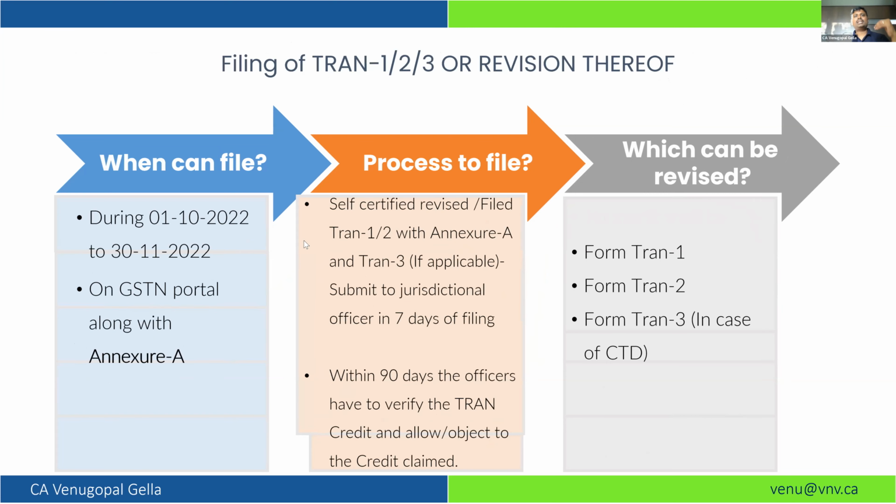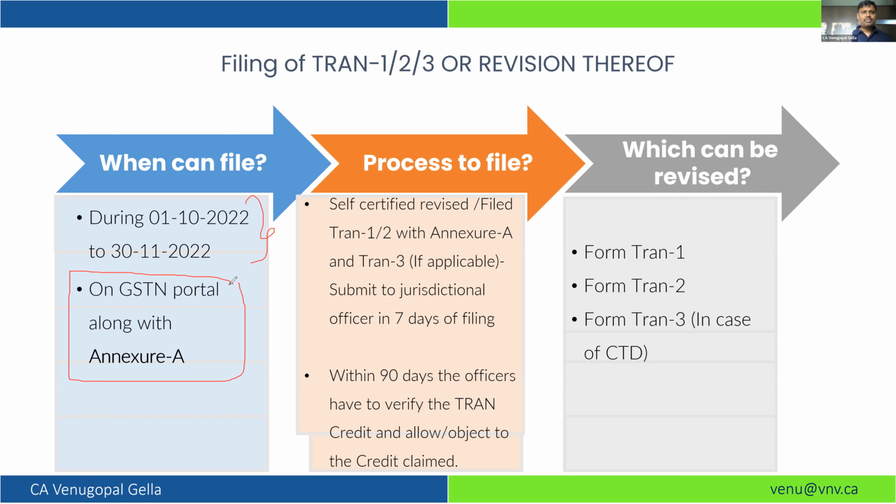And they have said that though the direction was from 1st September, they went to the Supreme Court and sought an extension and said, okay, give me time from 1st October till 30th November. And the government portal said that along with this, please file an Annexure A. It's a self-declaration.